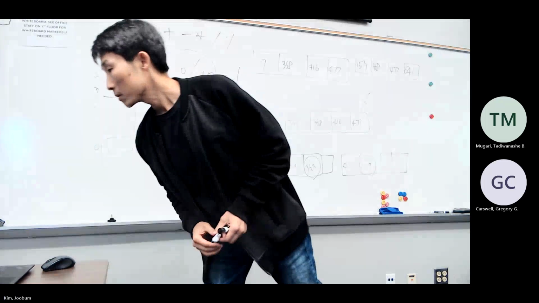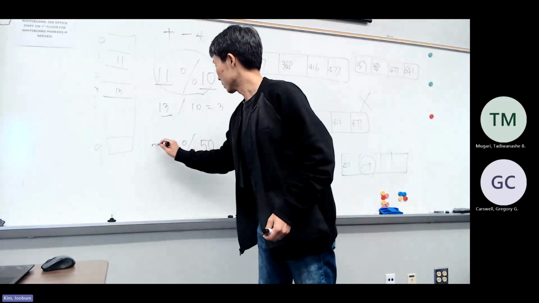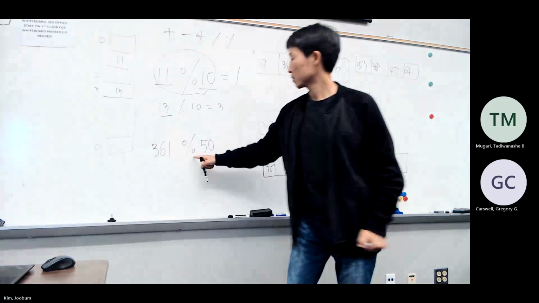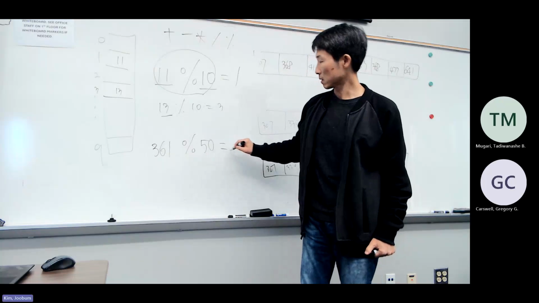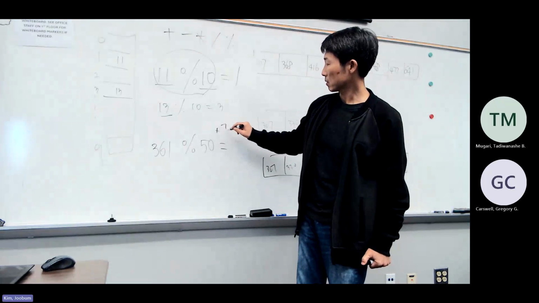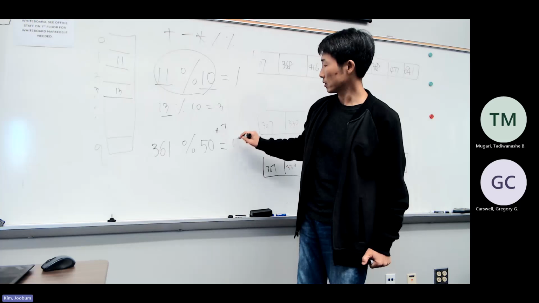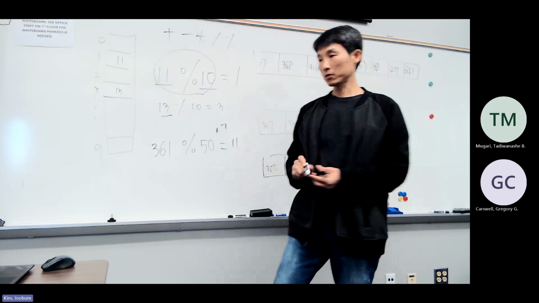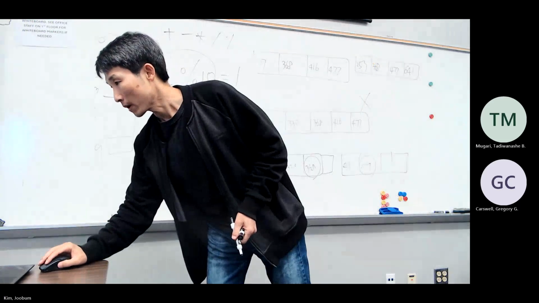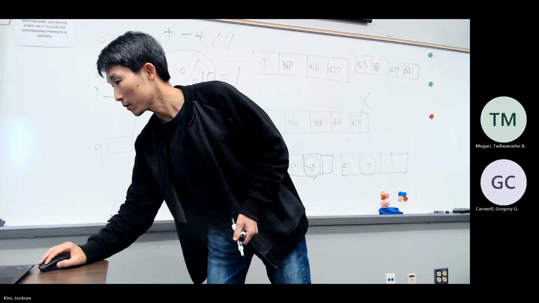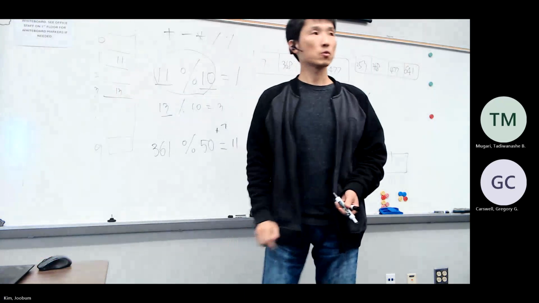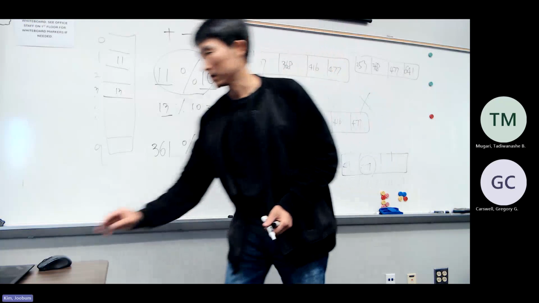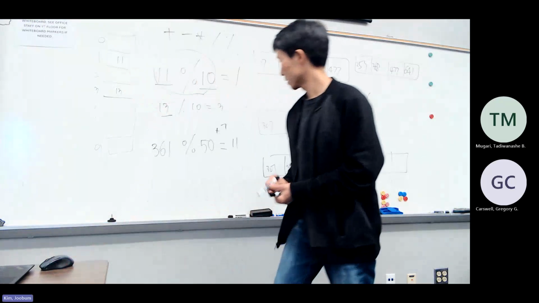So salesperson ID 361, remainder of 50 is what? 11, right? Okay, so record location 11: 361, carrier, and other data are stored there.